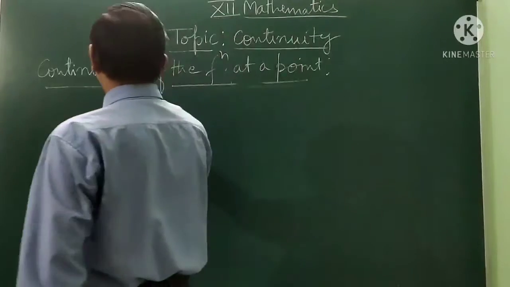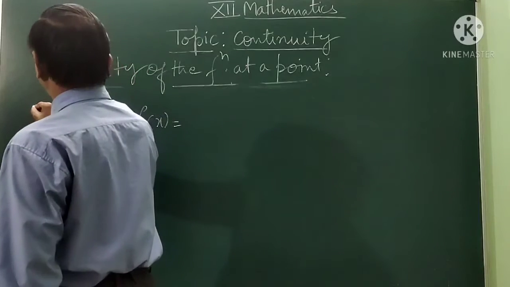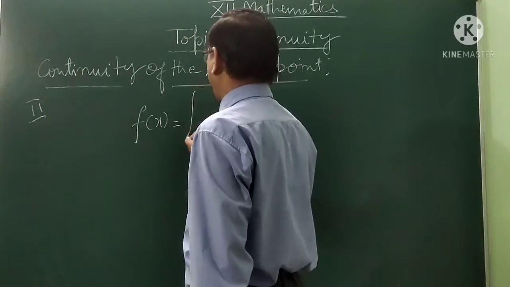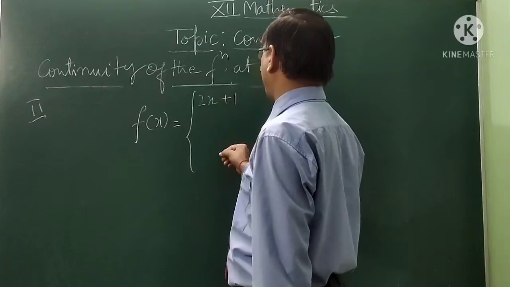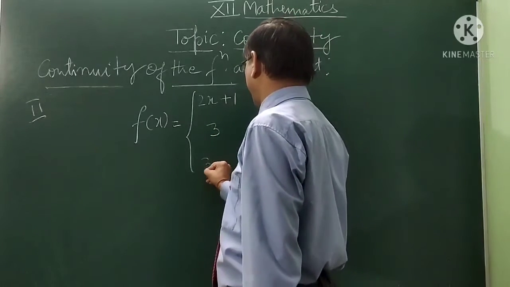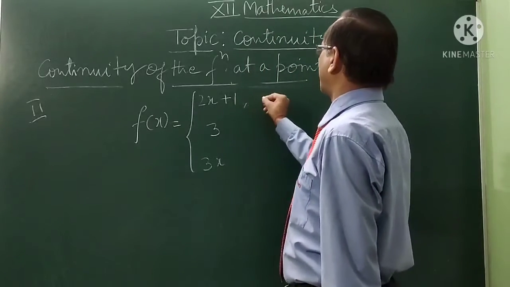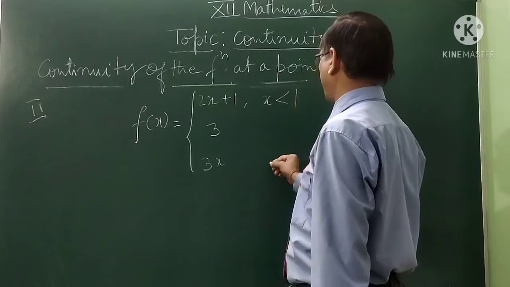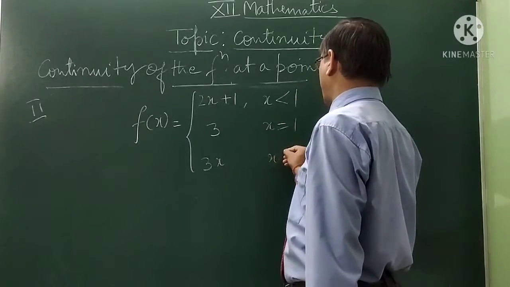Student, now see the function. This is case 2. Here f(x) equals 2x plus 1 when x is less than 1, 3 when x equal to 1, and 3x when x is greater than 1.